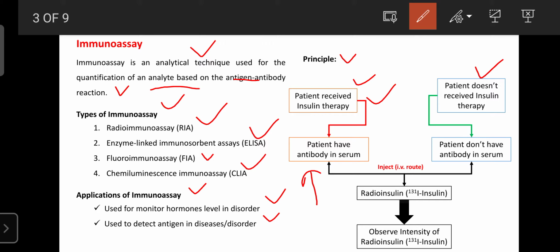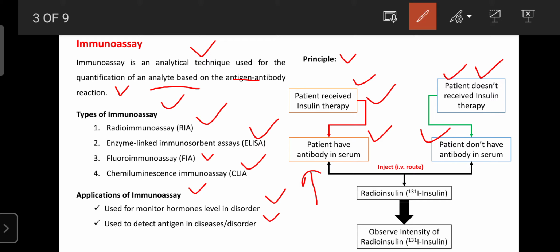Patients who are given insulin therapy will have antibodies in serum, and a patient who does not receive insulin therapy will not have any antibodies in the serum. By quantifying or estimating these antibodies by immunoassay, it is helpful for diagnosing the concentrations of insulin in diabetes mellitus.